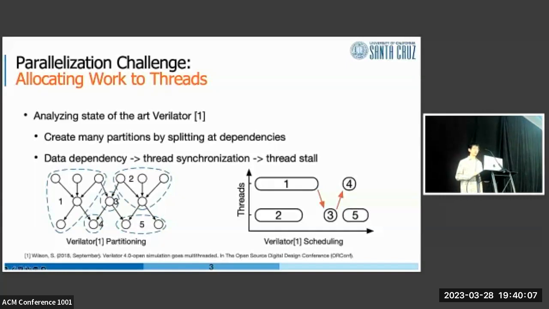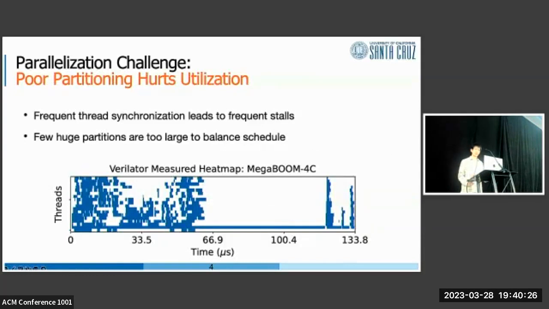Verilator creates many partitions by splitting circuits at the dependency, and those partitions will then be mapped to worker threads by a static scheduler. The data dependency would require some thread synchronization and ultimately thread stalls. The profile information here suggests the following performance limiters.